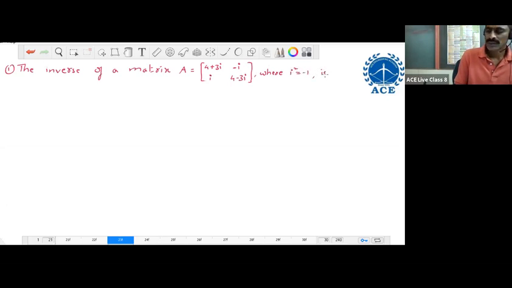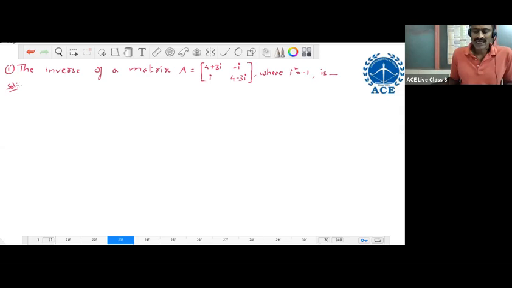These are the matrix elements, and we are asked to find its inverse.